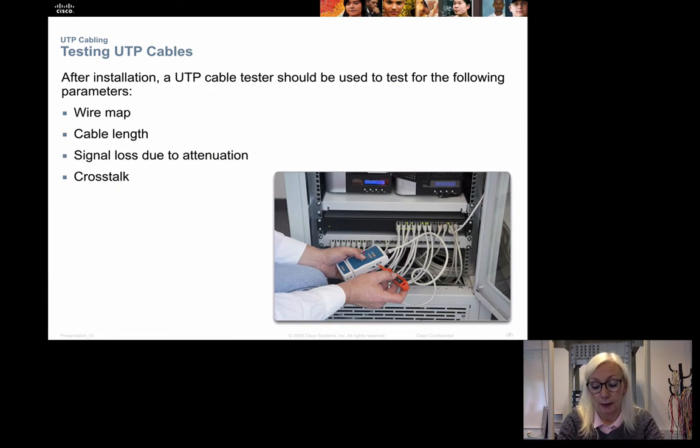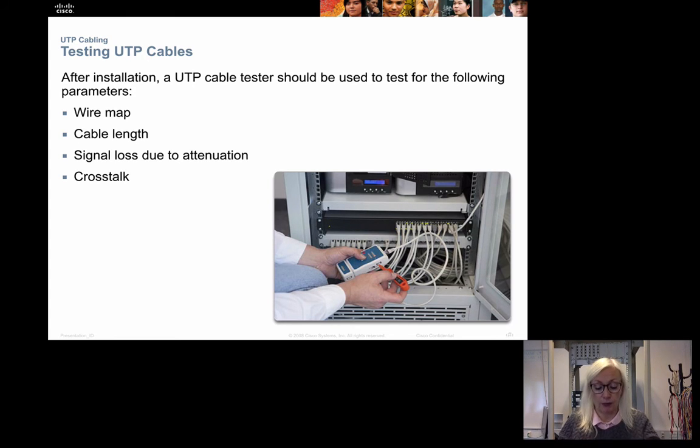When we are testing the cables, then of course we will see that there is a connection on all the different wires, and the type of tool we have to measure it will also tell us something about the length of the cable, and whether it is prone to have losses. Do we have crosstalk?